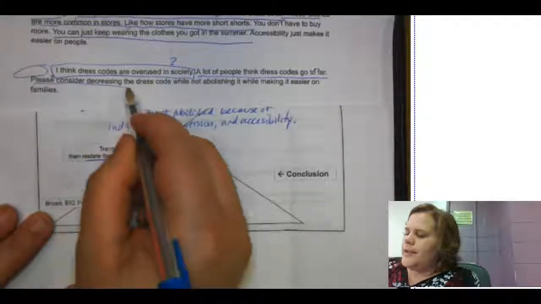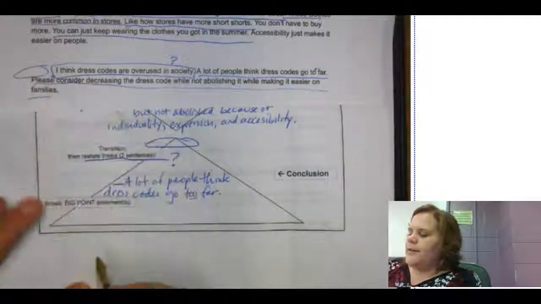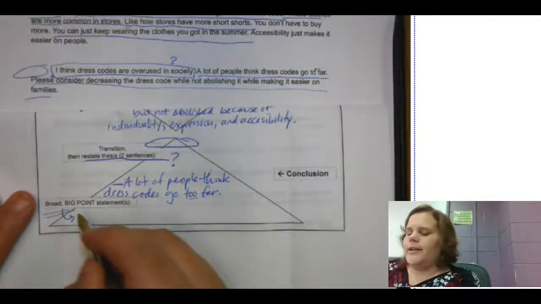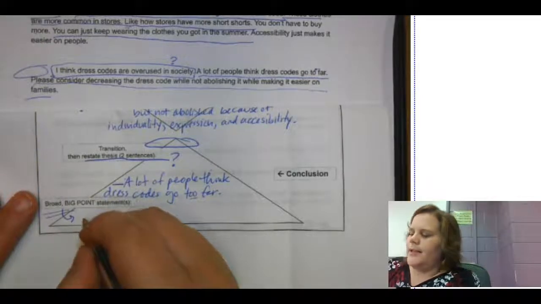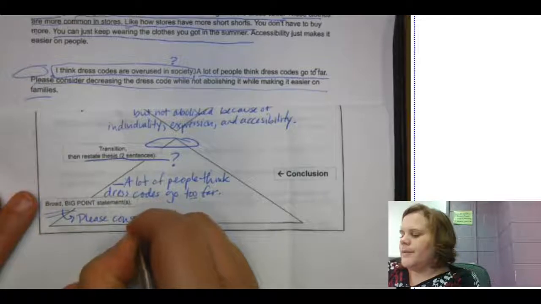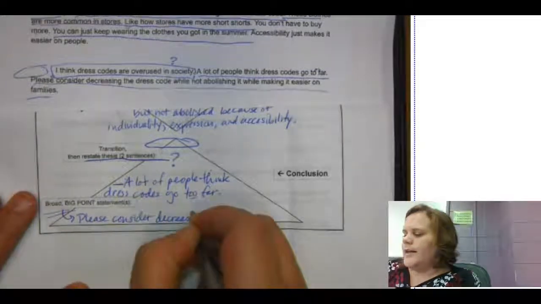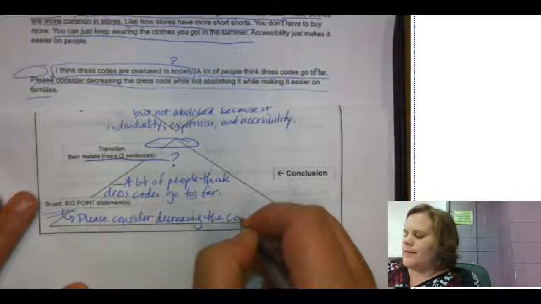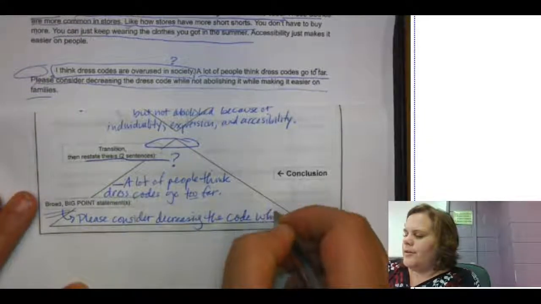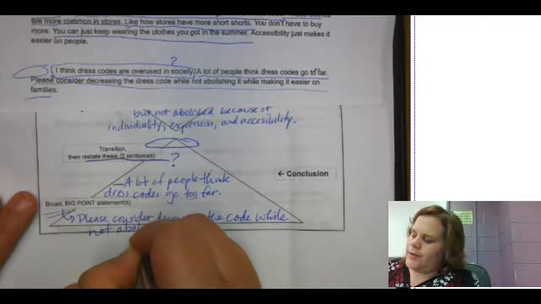Please consider decreasing the dress code while not abolishing it, while making it easier on families. So this is kind of your point. If you're being persuasive, you should say, like, please consider decreasing, and that's kind of like the thesis. The dress code while not abolishing it.